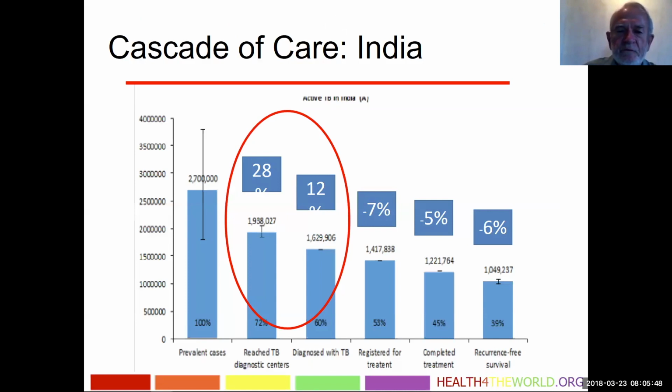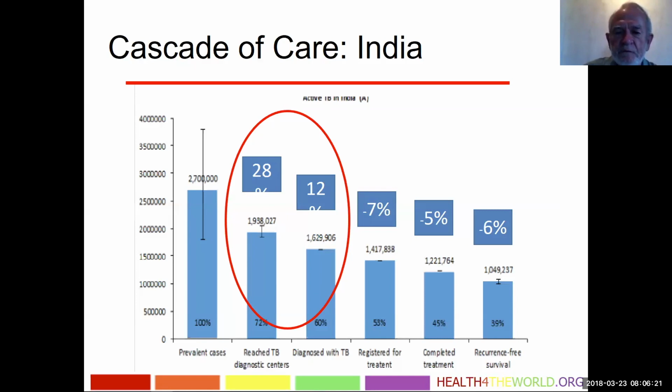And what this red circle indicates is that a total of 40% of the estimated number of cases each year actually doesn't get diagnosed. These patients either don't reach a TB diagnostic center, 28% of the estimated incident cases, or reach the center but don't have a diagnosis established, 12%. So all in all, 40% don't have the diagnosis established.